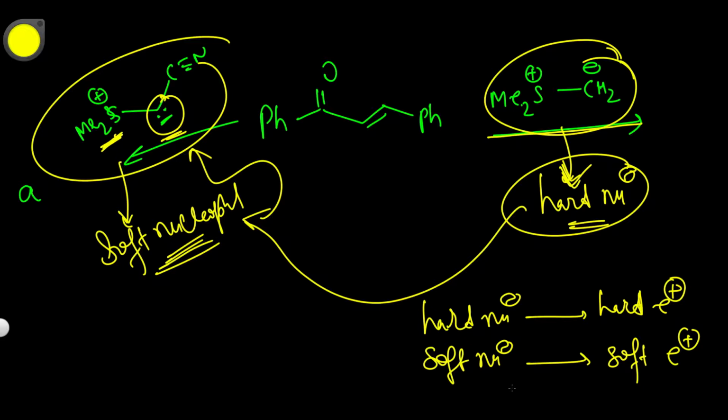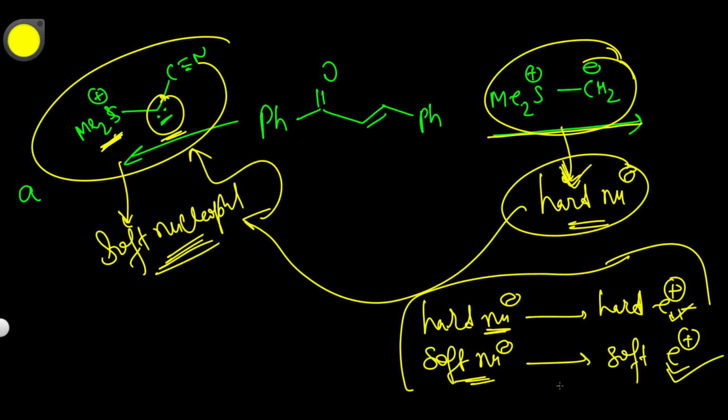I am assuming that you know this concept. These things are totally basic. You have to know what a hard nucleophile, a hard electrophile, a soft nucleophile and a soft electrophile are. So the concept is: hard nucleophile attacks the hard electrophile, soft nucleophile attacks the soft electrophile. So now let's see what happens.